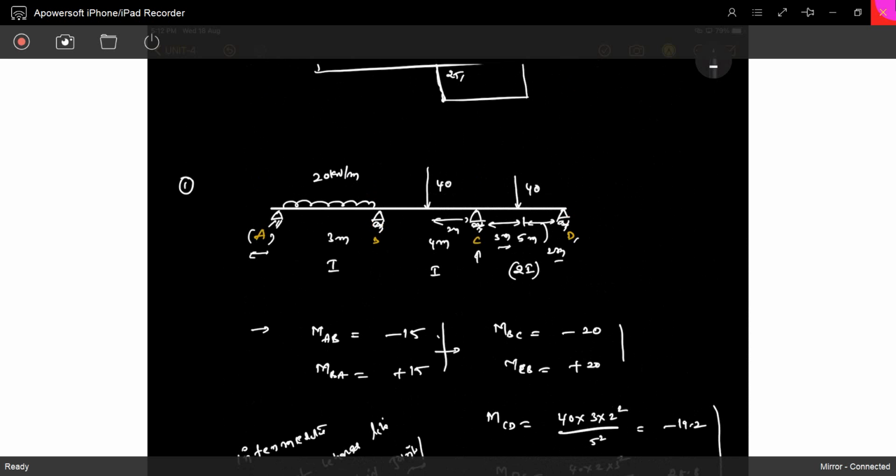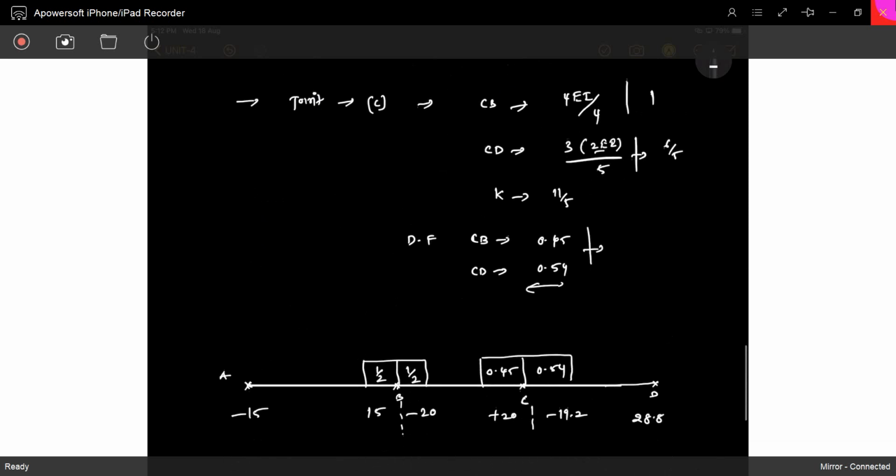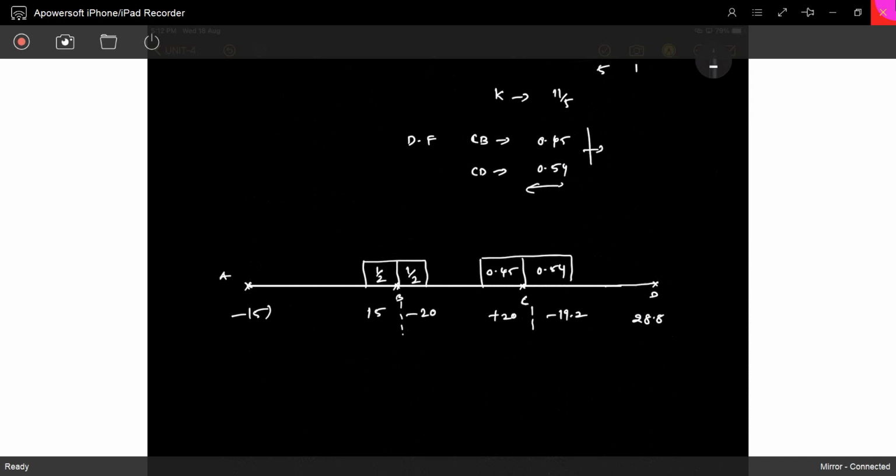The final end moment at A should be 0 because it's a hinge. D is also a hinge, so finally it gets to 0. Compulsory it should be 0 because it's a hinge. So first we will consider those things. A should be equal to 0 at the end.